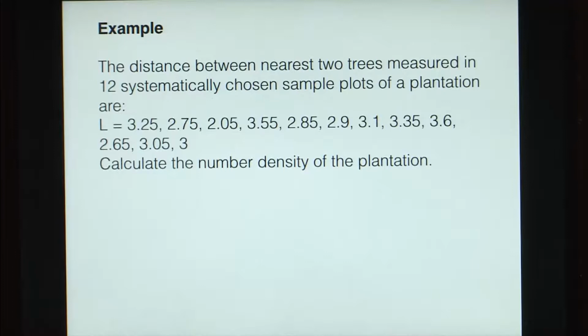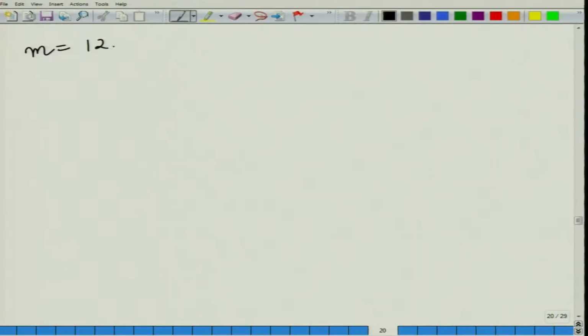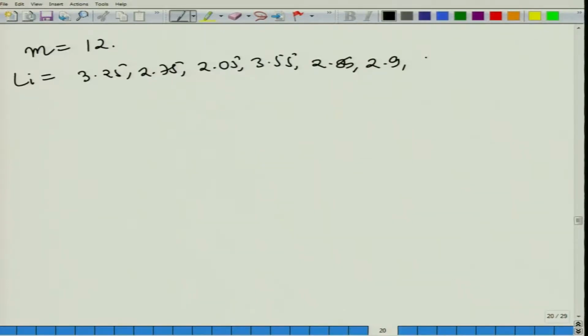So what are we given here? We are given that M is equal to 12, and Li is given as 3.25, 2.75, 2.05, 3.55, 2.85, 2.9, 3.1, 3.35, 3.6, 2.65, 3.05 and 3.